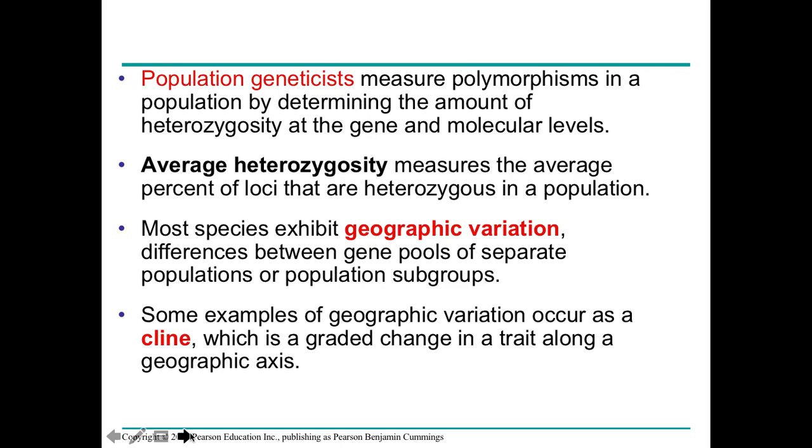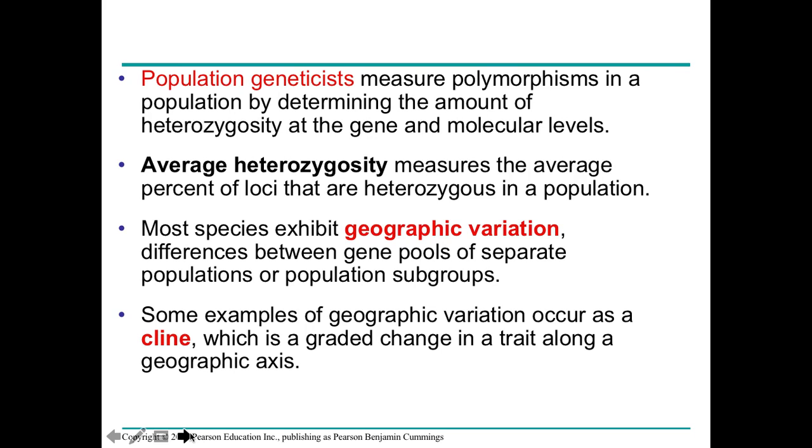That's the average heterozygosity. Most species exhibit what we call geographic variation, and that's exactly what it sounds like. There are differences in populations, in species, in their gene pools because they are geographically farther apart from each other, or they're in different geographic regions.